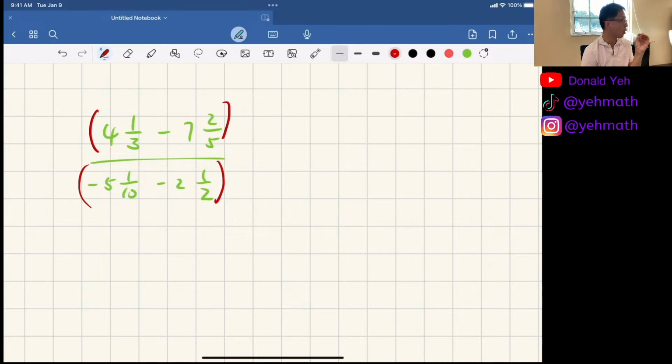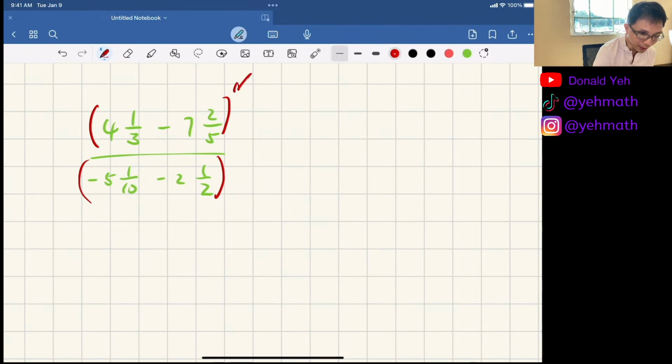In math, there is always a parenthesis on the numerator and always a parenthesis on the denominator, even though it's invisible, but it's there. So that means you don't divide 7 2/5 by -5 and 1/10. What does the order of operations say happens first? Parentheses. That means the subtractions. This is so important, and people don't know those invisible things that people don't see.